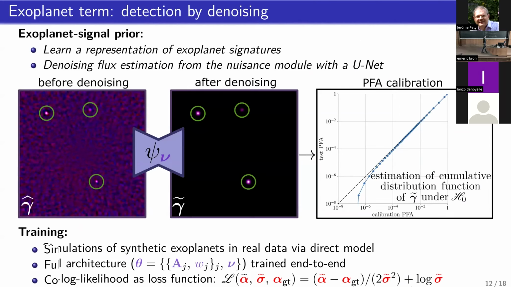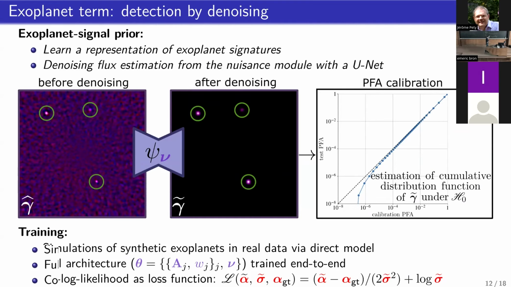Okay, so let's move on to the second term, which is prior knowledge, a regularization term that enforces prior knowledge about the exoplanet signatures. So the goal is to learn a representation of the exoplanet signatures in the flux maps we obtain under the statistical model, the previous step. So in other words, we want to denoise the flux estimates obtained from the statistical model that I presented just before.